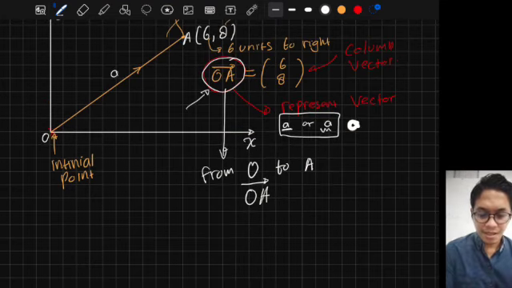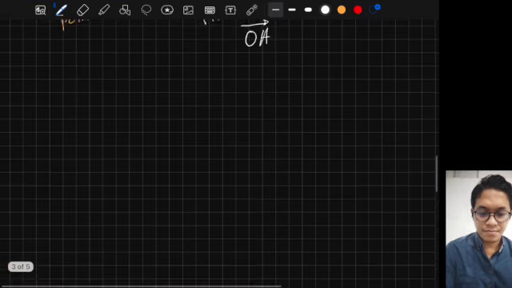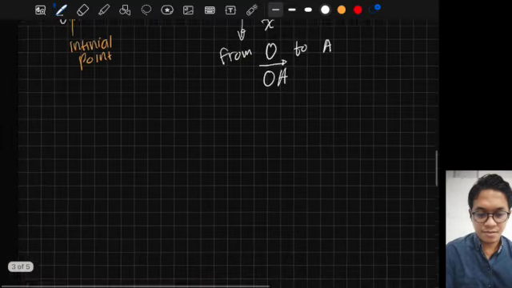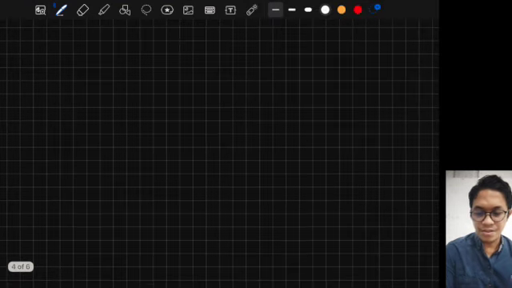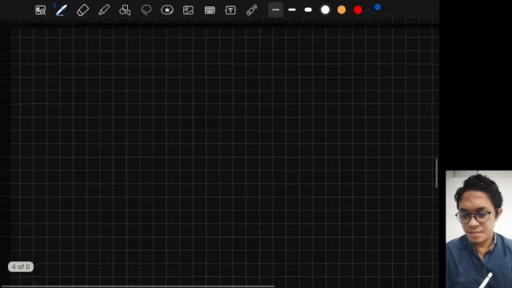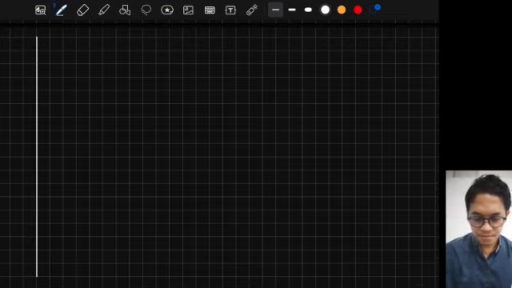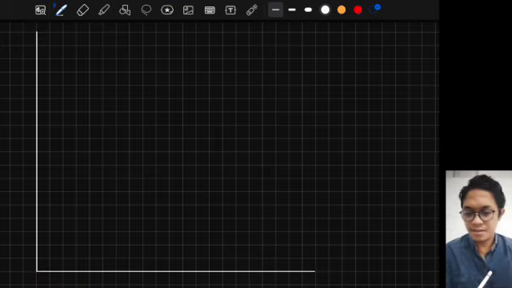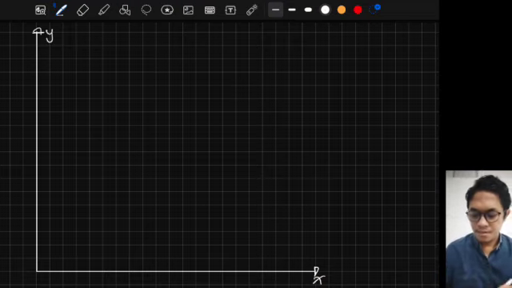Right? Okay, now let me make another diagram, a proper one this time. Let's say I have the Cartesian diagram here, with the x-axis and y-axis.